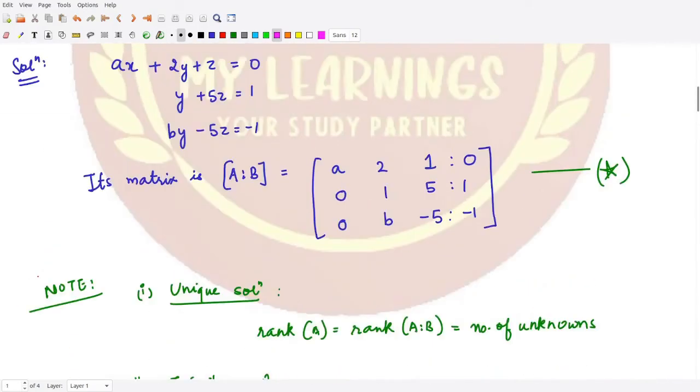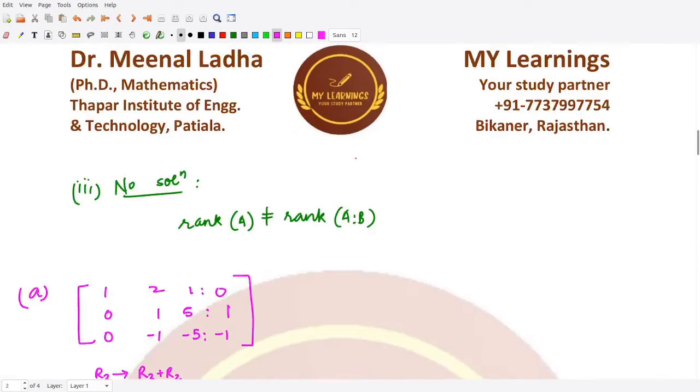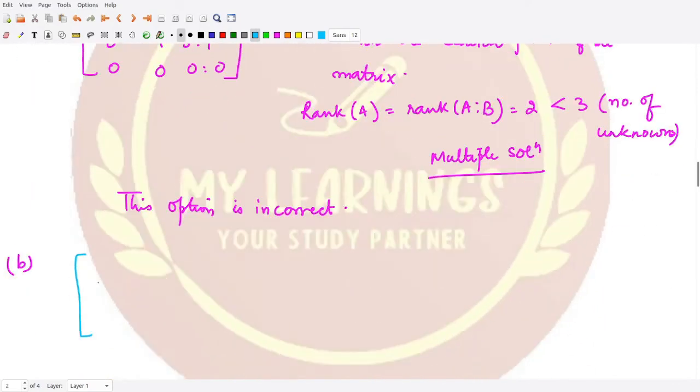So let's now move on to check our second part. For the second part, they are saying A is -1 and B is equal to 1. So let's have a look here. A is equal to -1, so this is going to be -1, 2, 1 and 0. The next is 0, 1, 5 and 1, and the next one is 0, 1, because B is 1, -5 and -1.